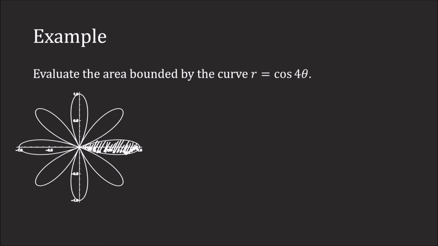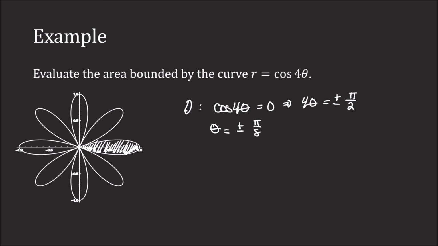So let's go ahead and define this one petal to be our region of integration. So cosine of 4 theta will have to equal 0, which means that 4 theta is equal to plus or minus pi over 2, and so theta would be plus or minus pi over 8.